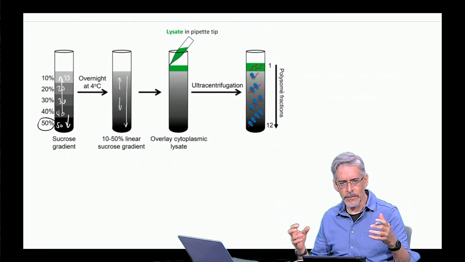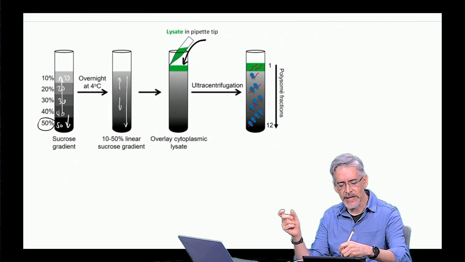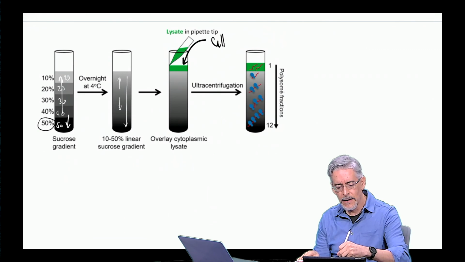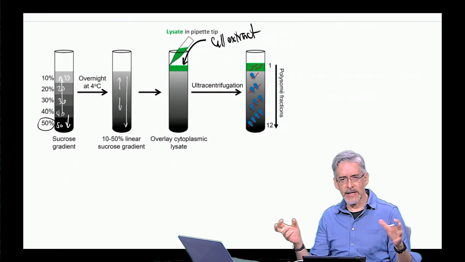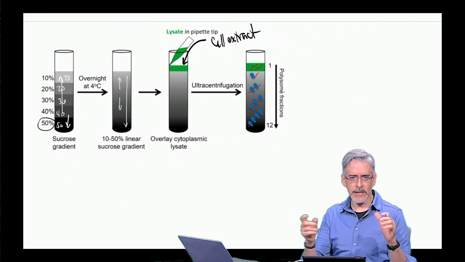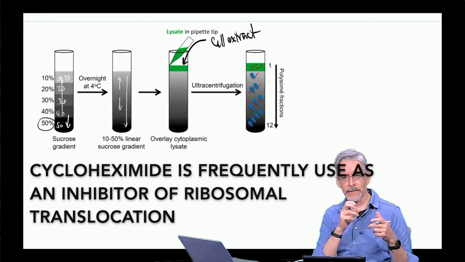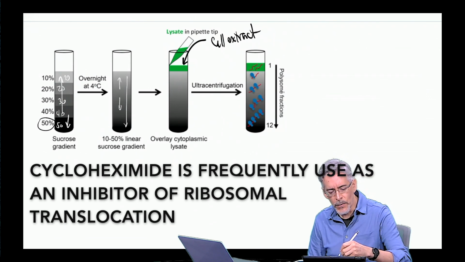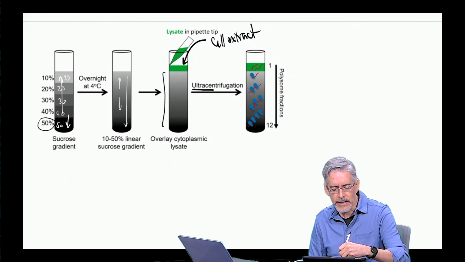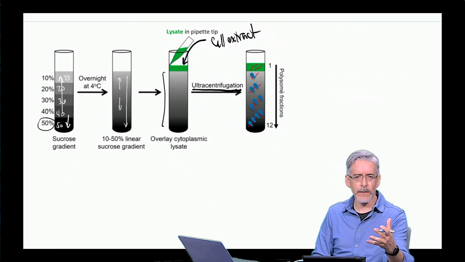Then you take that tube and you load the cell extract on top of the gradient, the cell extract containing translating messenger RNAs that had been stopped by using specific chemical inhibitors of the translocation step. And then you put those tubes in an ultracentrifuge and centrifuge for several hours.